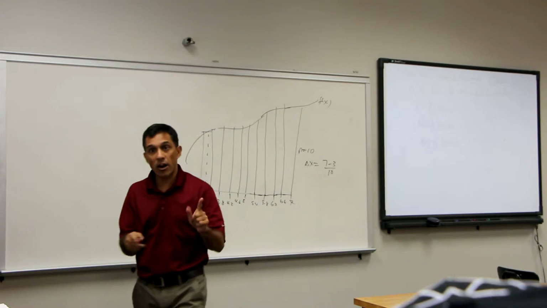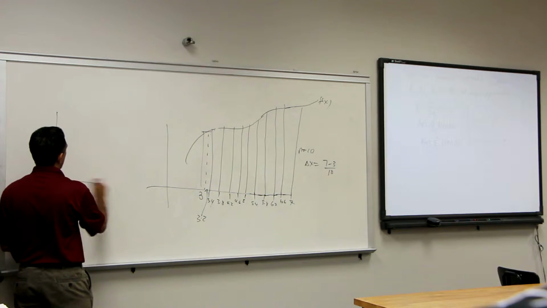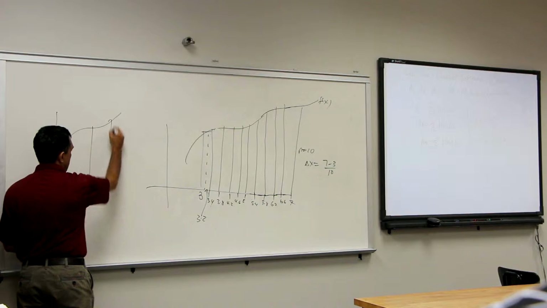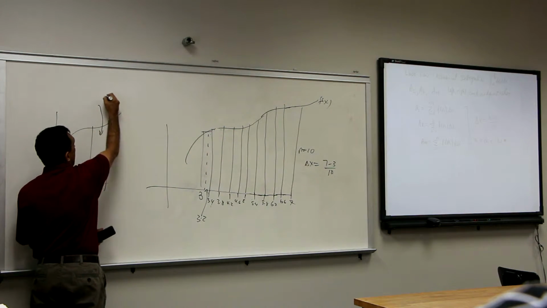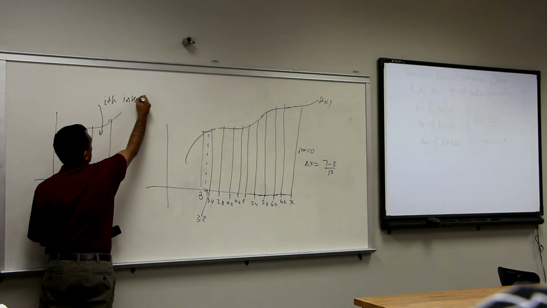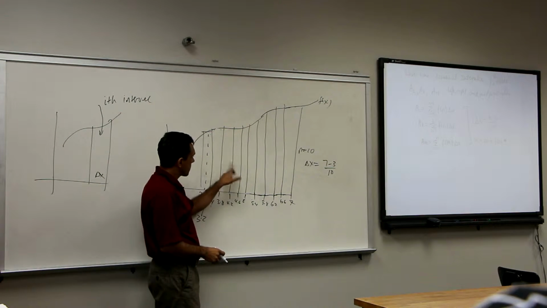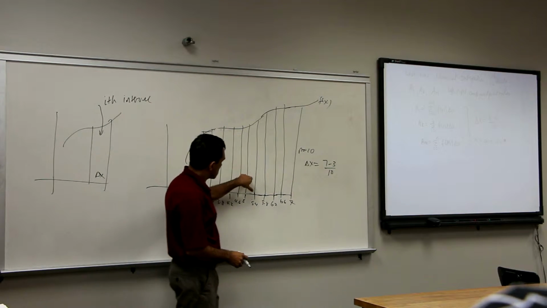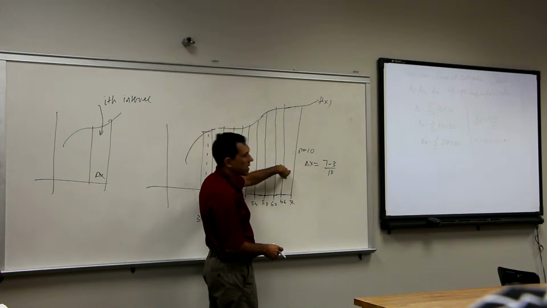Now you can do however you want to find the midpoint. You can just say, well, on the ith interval, this is the delta x. This is the ith interval. In other words, 1, 2, 3, 4, 5, 6, 7, 8, 9, 10.